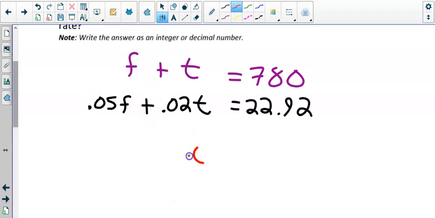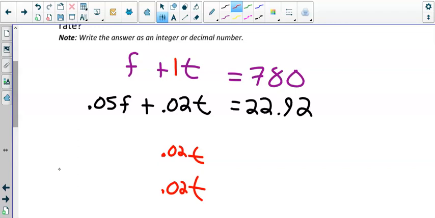So I want to get rid of t. So there's a 1 here and a 0.2 there. Whatever the decimal is, that's the decimal I'm going to make happen for both of them. So I want a 0.2 here, and I want a 0.2 here, because it's easy to take 0.2 times 1 and get 0.2. Okay, if I wanted to get rid of f, what number would I make both of those? 0.05.